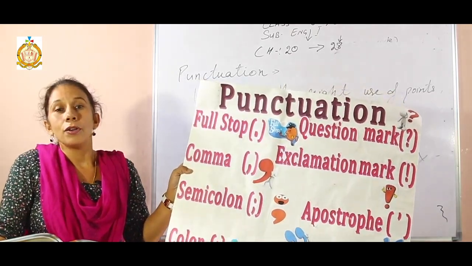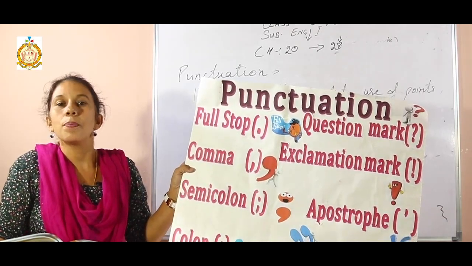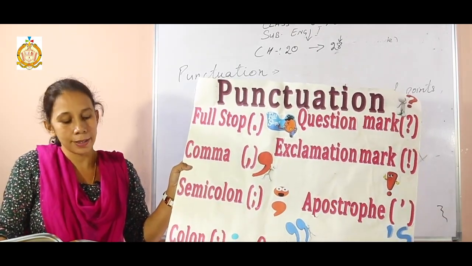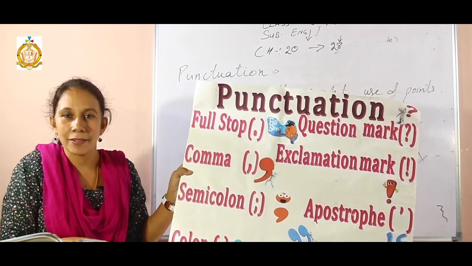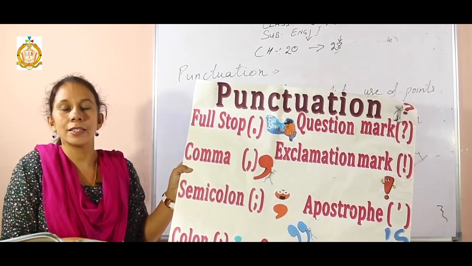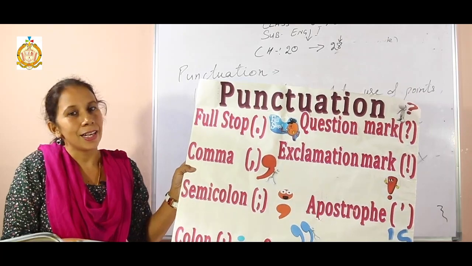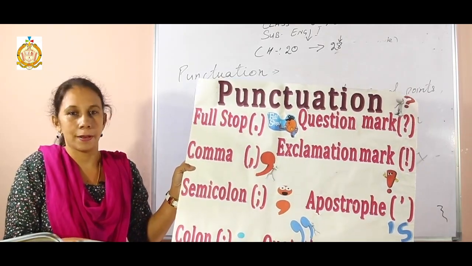There are 3 or 4 positions or places where you put a full stop. First, full stop is used to mark the end of assertive or imperative sentences. When there is an assertive or imperative sentence, you put a full stop at the end of it.